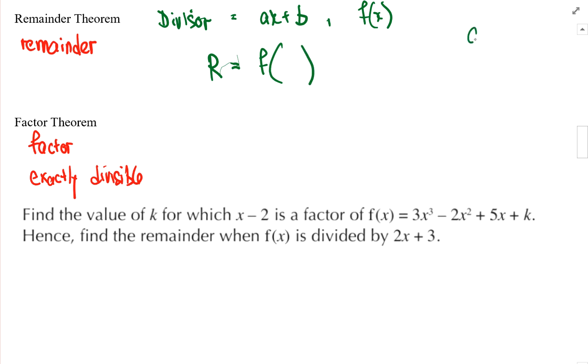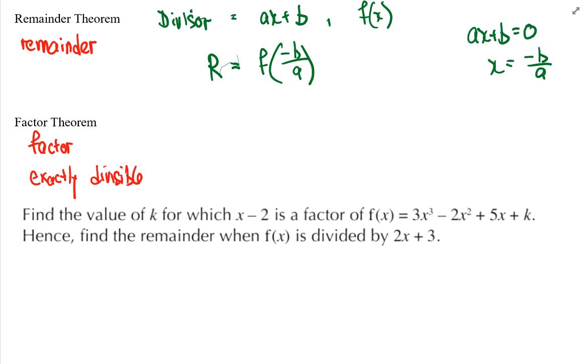Make the divisor be equal to 0. So in this case, x is equal to negative b over a. So when you substitute negative b over a inside the polynomial equation or expression, you will get the remainder that is given in the question.